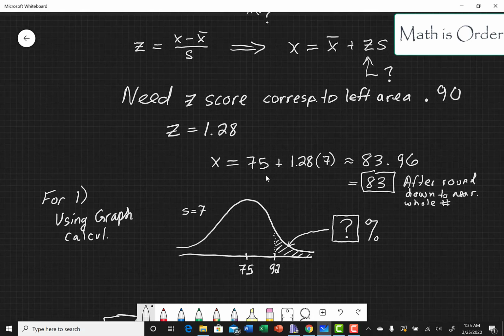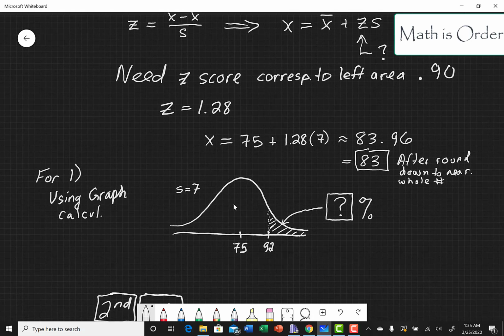All right, so for that first problem, the question was, if you're given a sample standard deviation with the normal distribution, mean 75, 92 is your data value, and you're trying to find this area here to the right, how do you do it, right?